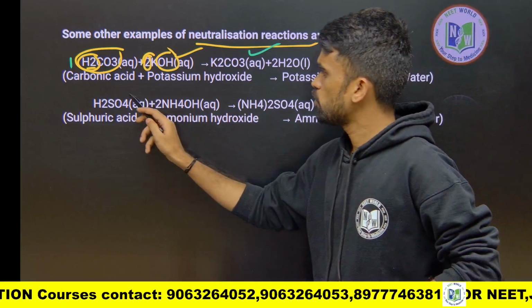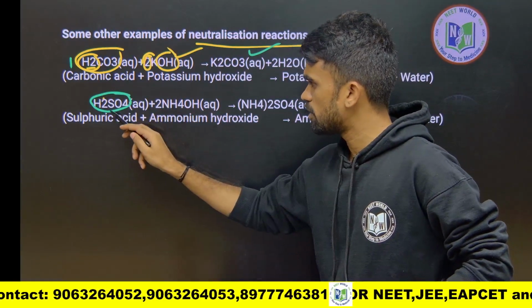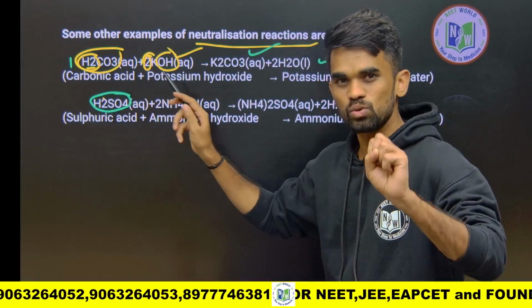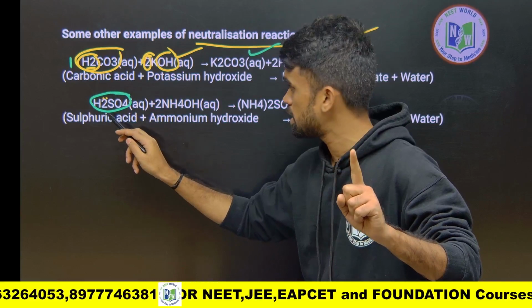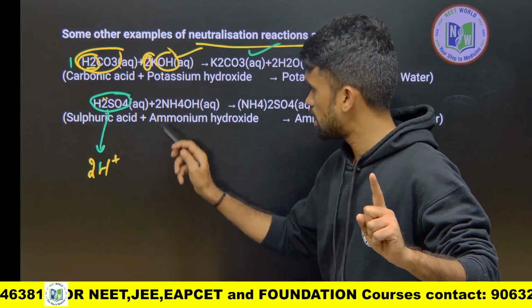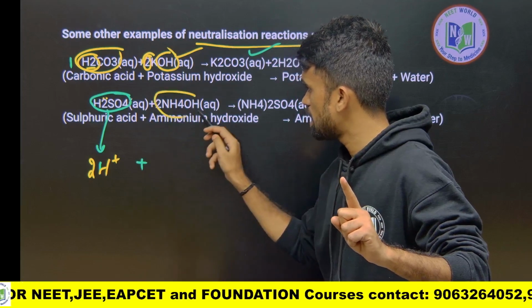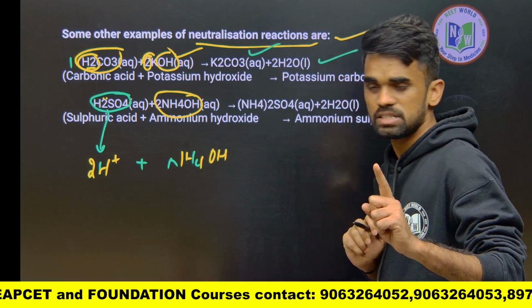Next, sulfuric acid. Again here also 2 H plus ions are there. So for removing each H plus ion, we require OH minus ions. For one sulfuric acid, there are 2 H plus ions it is releasing, right? So for NH4OH or NaOH, you can take anything here just for our understanding.